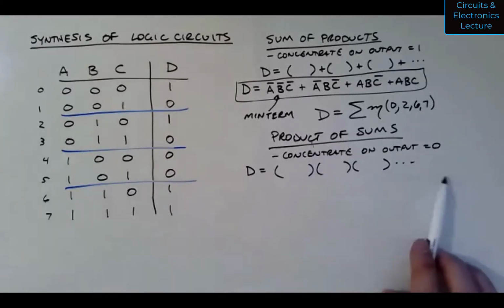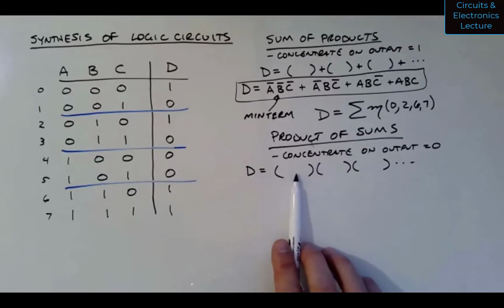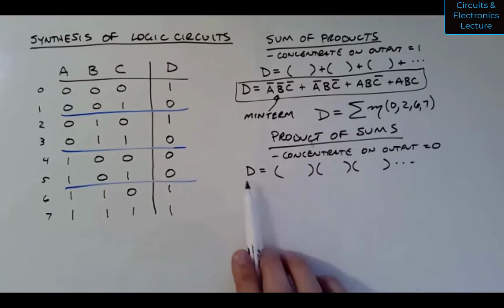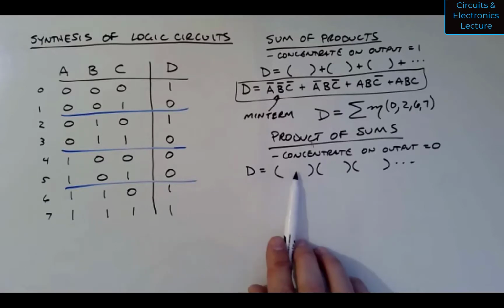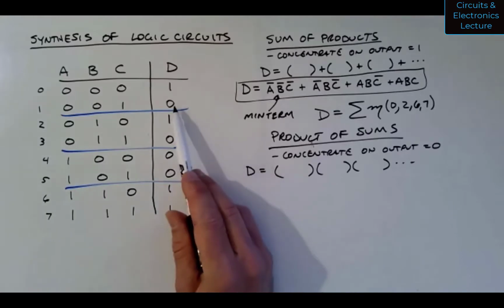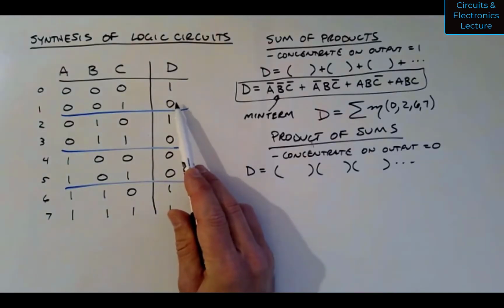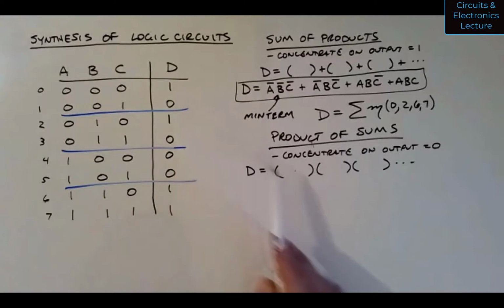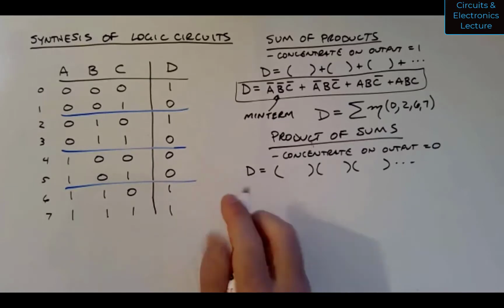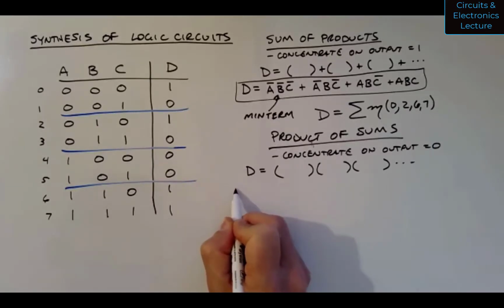They all have to be 1 for the output to be 1. And if any one of those is 0, it forces the output to be 0. So all we have to do is create a term, let's say for this parentheses right here, that corresponds to one of these rows where the output's supposed to be 0, and make a 0 happen. It's easier to do than explain, so I'll show you by example.